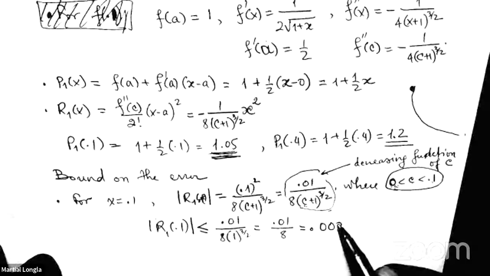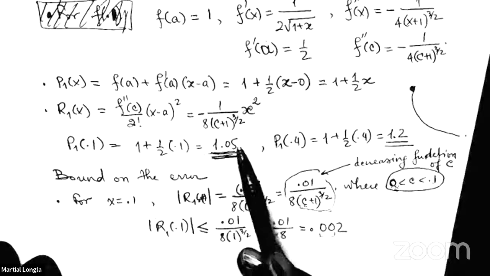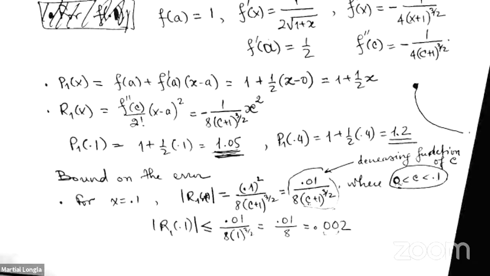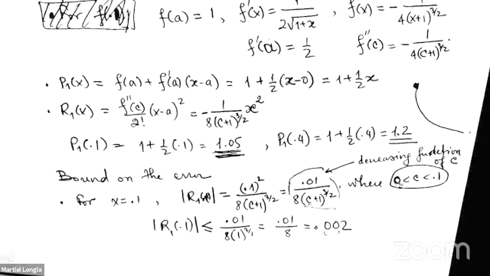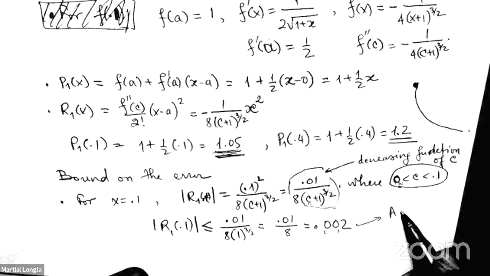It's 0.001 something, right? So we will have at least 2 correct decimal places. So these 2 numbers are correct here. So the absolute error is less than that.